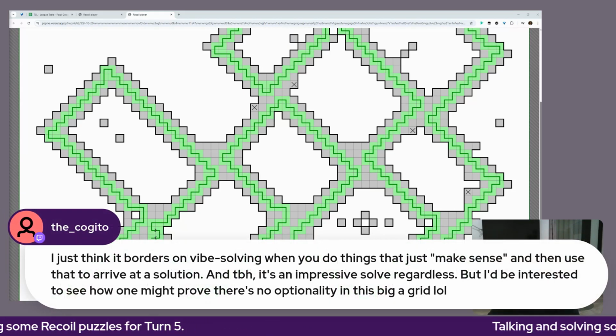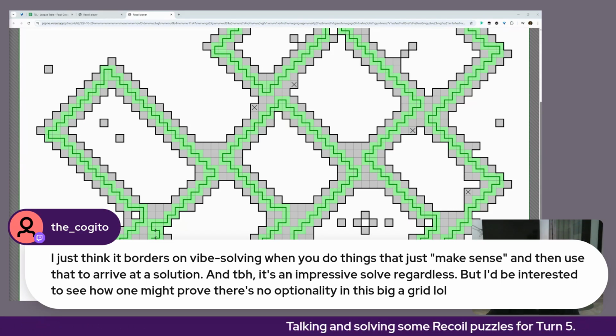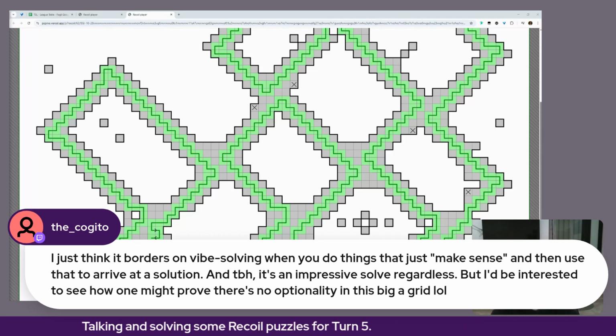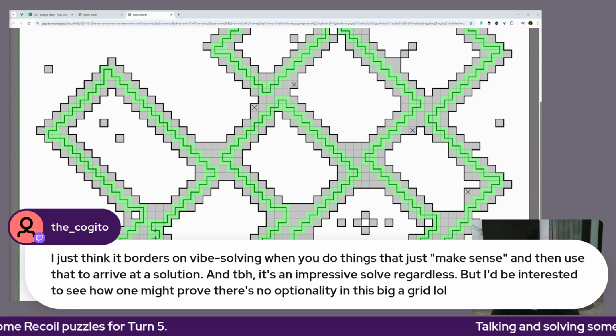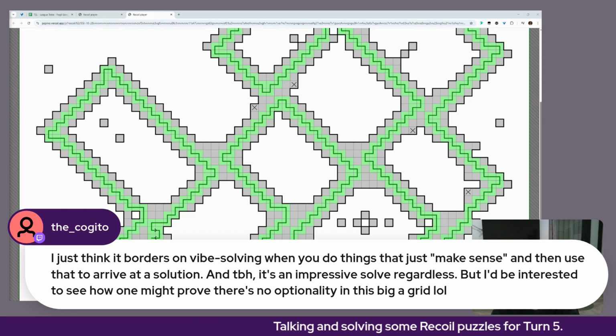I just think it borders on vibe solving. I mean, I don't think we vibe solved the puzzle, honestly, because we had a precise understanding of what's happening in the grid.